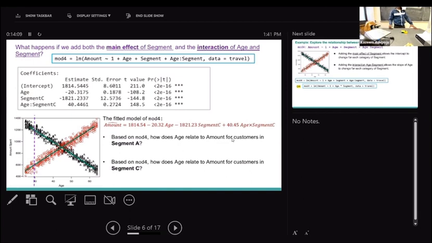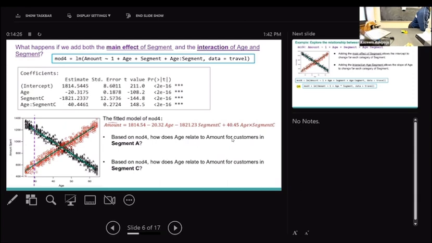Do you want to try that? Let's plug in. When segment C equals 1, what do you have? The intercept is going to be 1814.54 minus 1821.23, which means the intercept changes. What about the slope? The slope is also going to change.